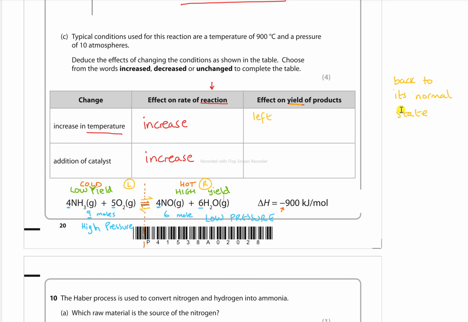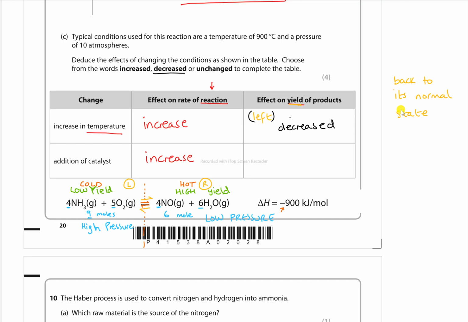So it'll shift to the left and you're going to end up with a lower yield. Right, we're going to say decreased. So that's the word they want in there.